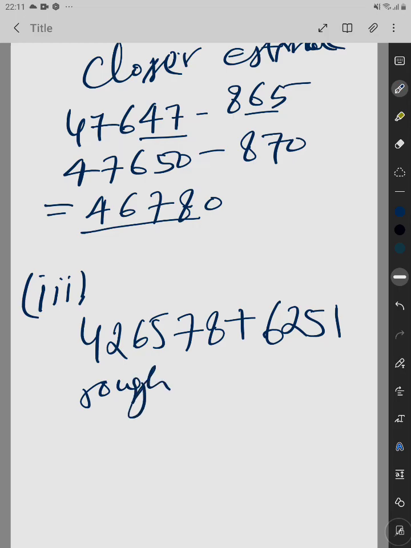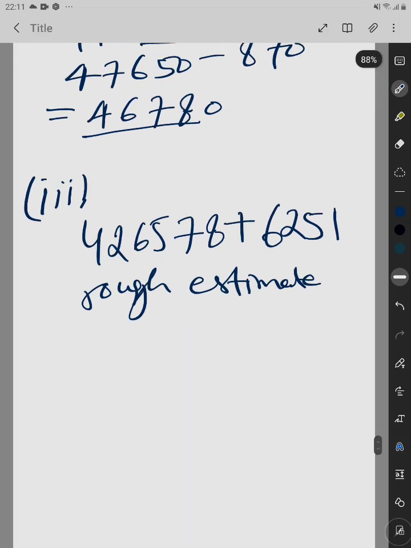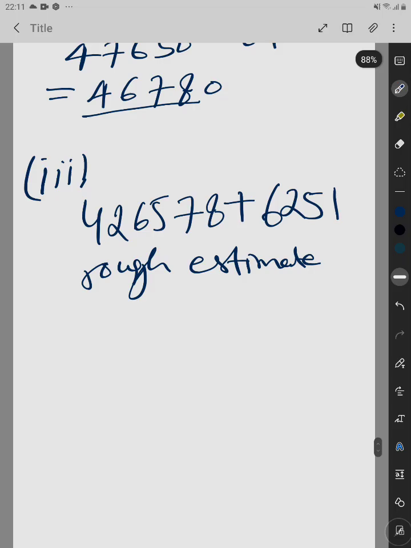We are taking these numbers very randomly, whatever is coming to our mind. For rough estimate we need to round off to nearest 100. Since 78 is more than 50, this will be nearest to 600, because the last 2 digits are greater than 50. So instead of 5 it will become 6, and then 00, so 600.